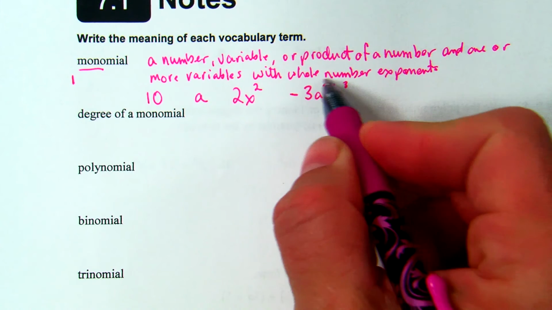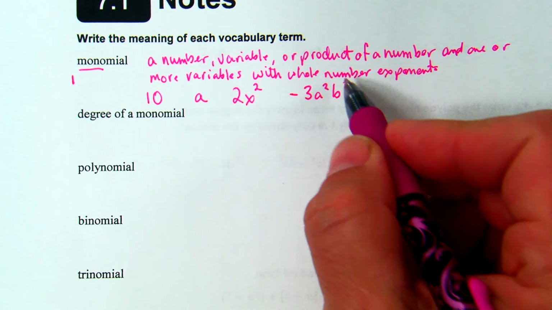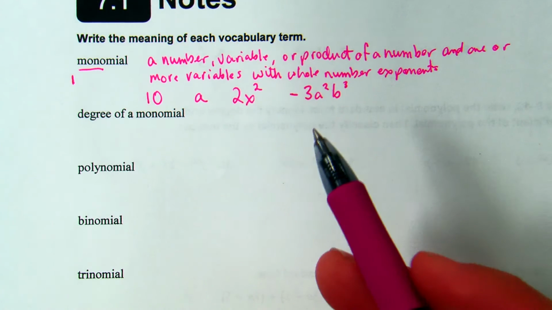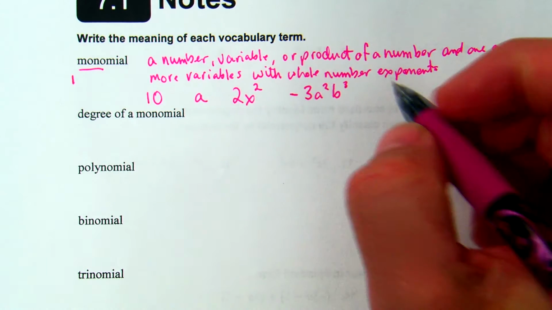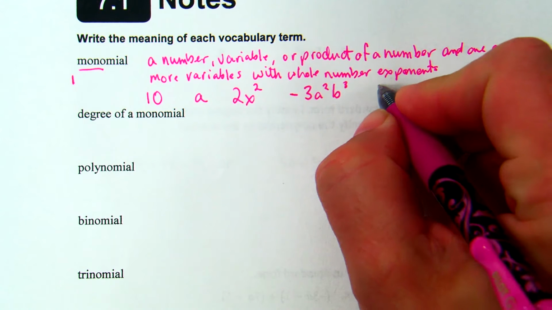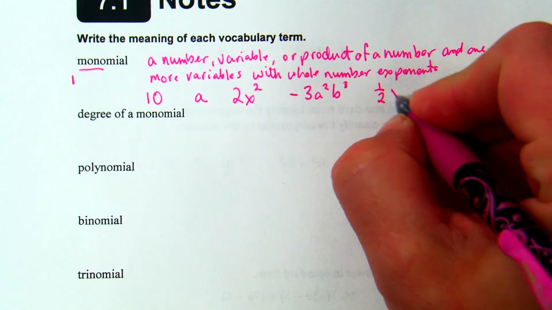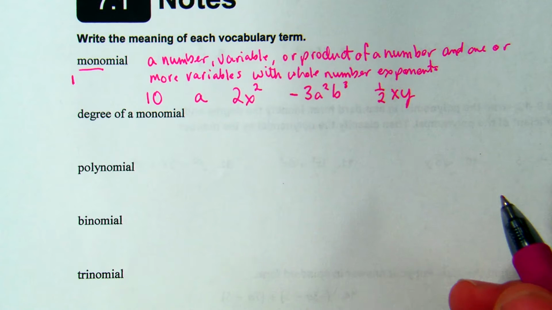It's a product. It's like a term. We're going to see that word in a minute here, a term. It's one term, but it's a product of individual items, one being a number, and then you have a variable here, another variable there. And then another example might be, because we can have non-whole number coefficients, 1/2 xy, 1/2 just being our number, quote-unquote number. Okay, so those are examples of monomials.